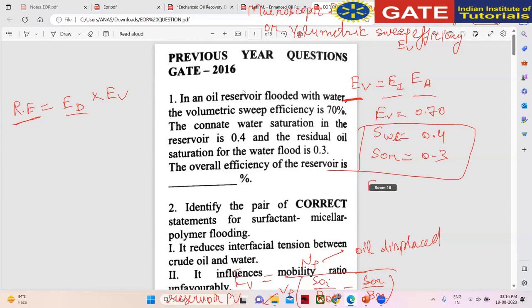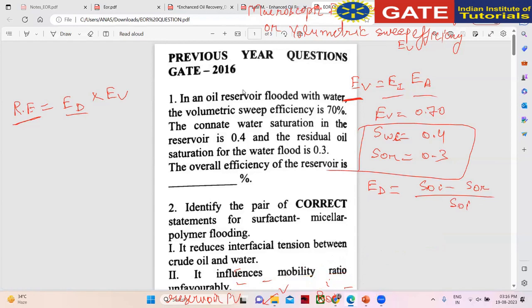The formula of ED will be SOI minus SOR divided by SOI. We discussed that formula in the previous concept.